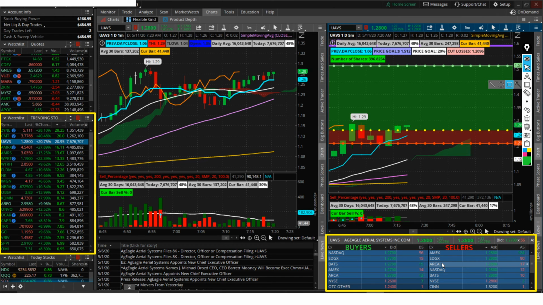So $1.28, $1.27 still. Again, it's just a lot of resistance right there. It's trying to do its best to get past it, but there's not enough demand.